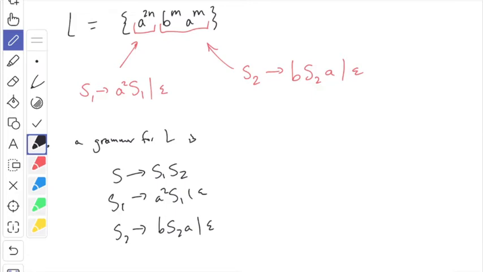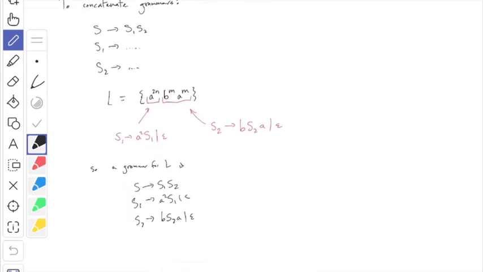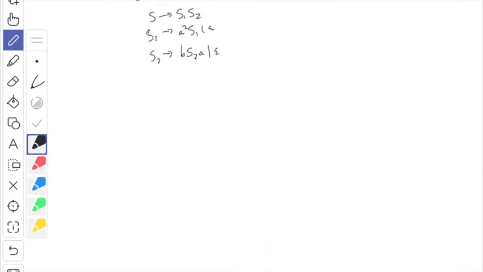So another one, actually just one other. This was all about concatenations, to concatenate grammars. What about a grammar for the union?